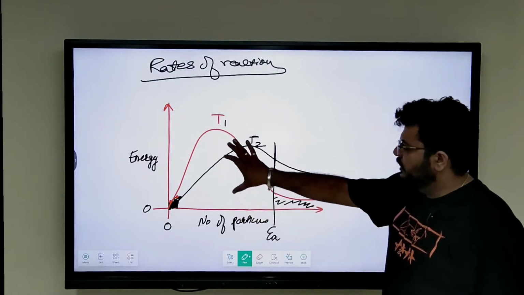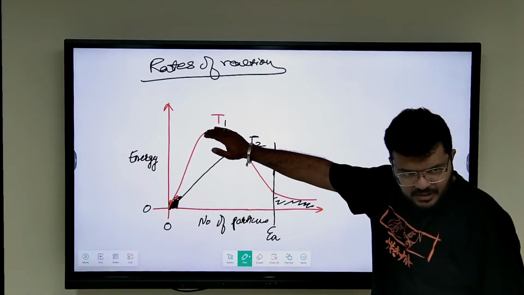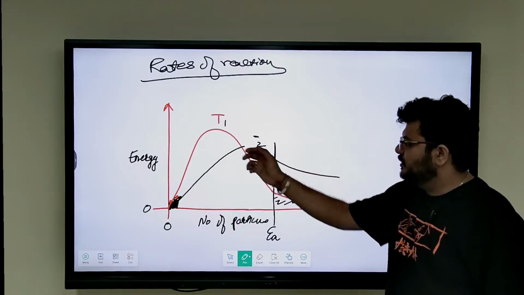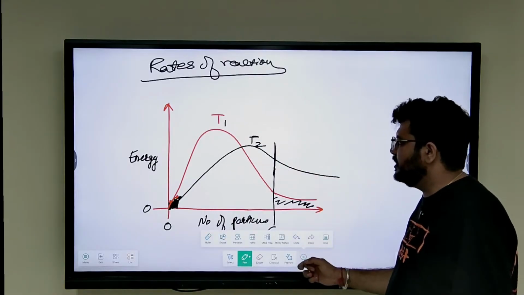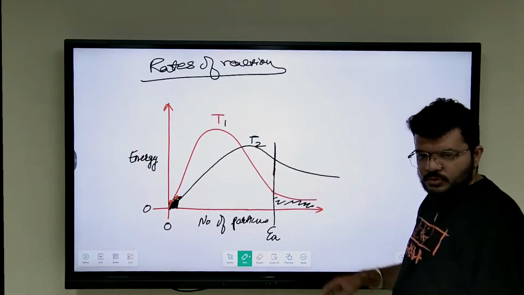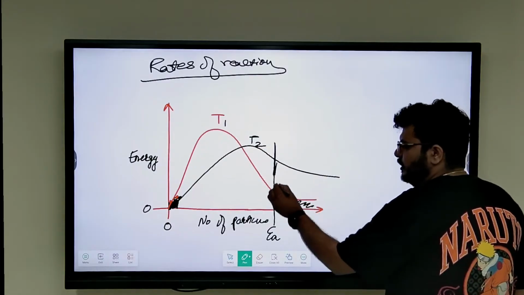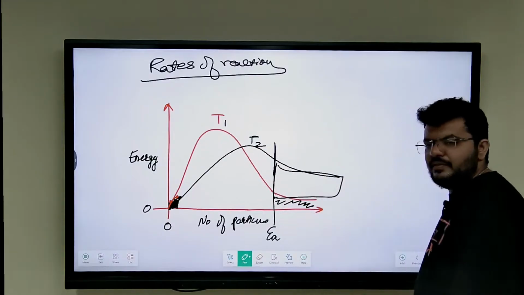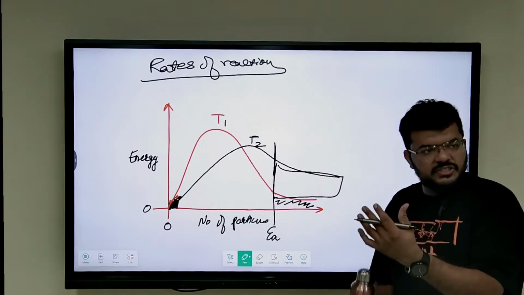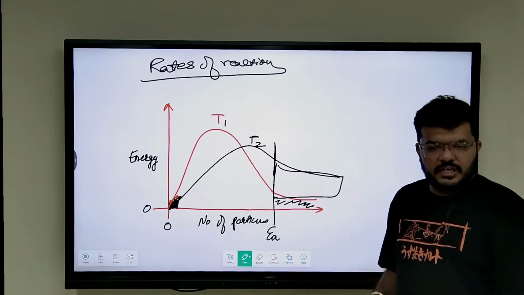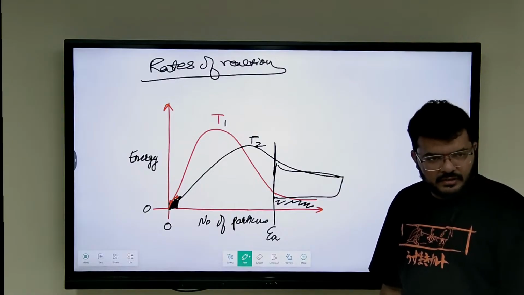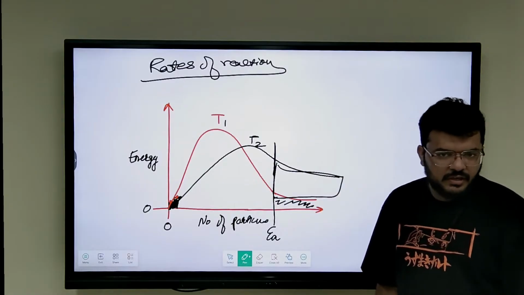Earlier, this many particles had this much energy. Now when you increase the temperature, the energy redistributes to a few more particles. These many particles now have extra energy, greater than the energy that was required to react. Therefore the rate of reaction will increase.